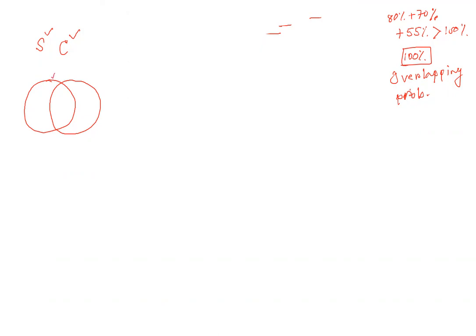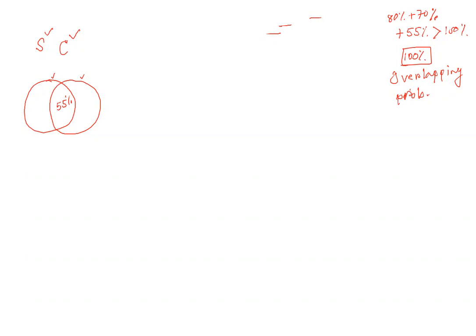Probability of C is represented by this right circle. Now there is an overlapping probability, which is the 55% chance that you pass both statistics and chemistry.